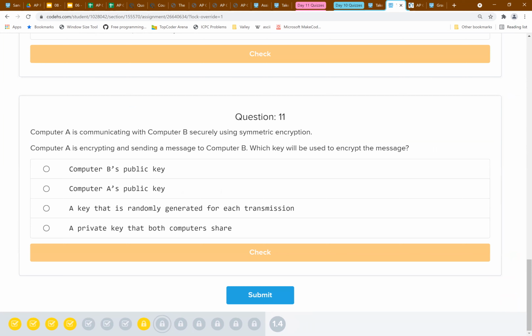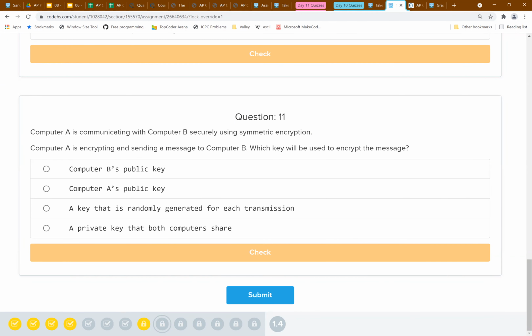All right, question. Computer A is communicating with computer B securely using symmetric encryption. Computer A is encrypting and sending a message to computer B. Which key will be used to encrypt the message? Computer A's public key, computer B's public key, a key that is randomly generated for each transmission, or a private key that both computers share.